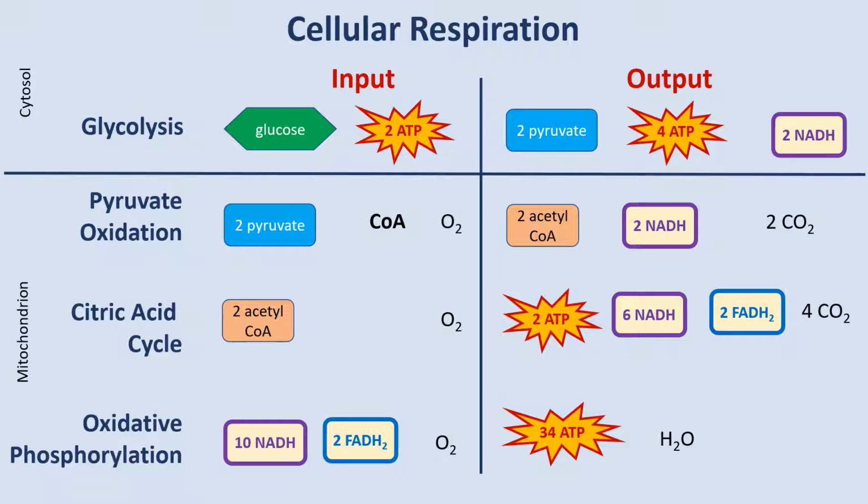The second piece of information is which of these reactions requires oxygen. Glycolysis does not require oxygen. In fact, it is the only reaction in cellular respiration that does not require oxygen, and the other 3 reactions do.